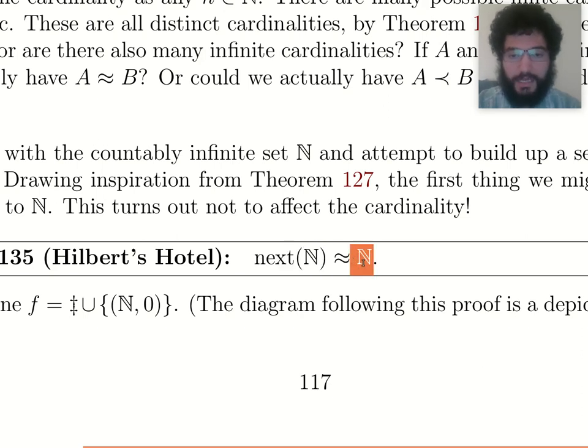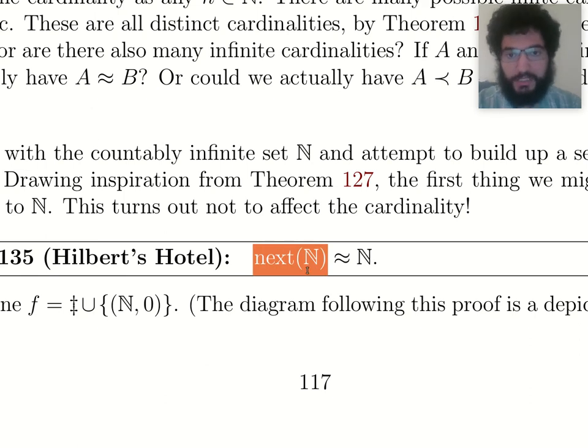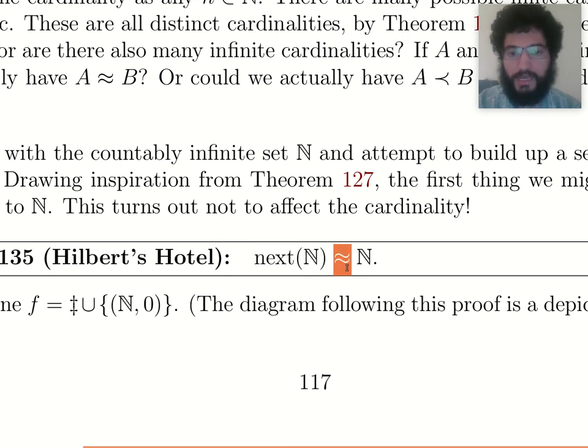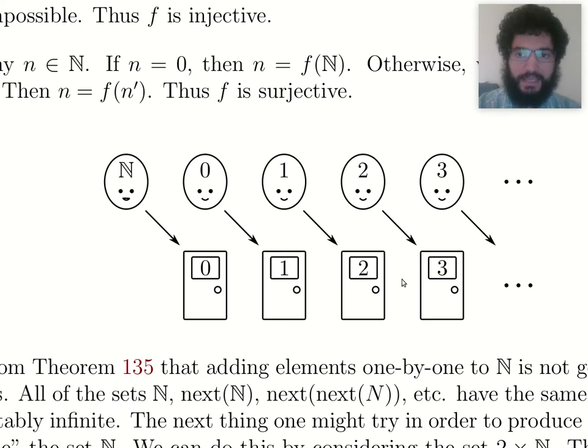The set of all natural numbers is a subset of the set of all natural numbers plus one additional element. And this one contains something that this one doesn't. So you might think, oh, this has more elements. But cardinality doesn't notice that. There still exists a bijection between these two.